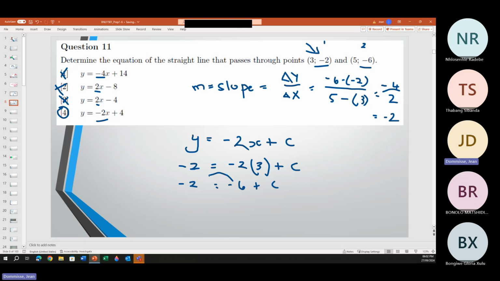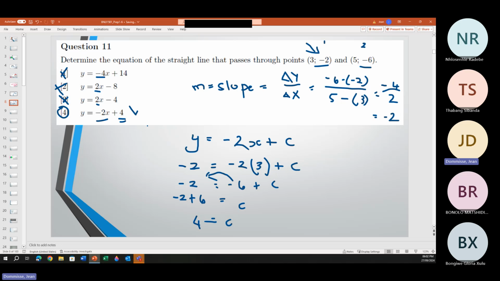And then the 6 will go over to that side. So we get that c is equal to 4. So we can see, yes, that is the right formula.